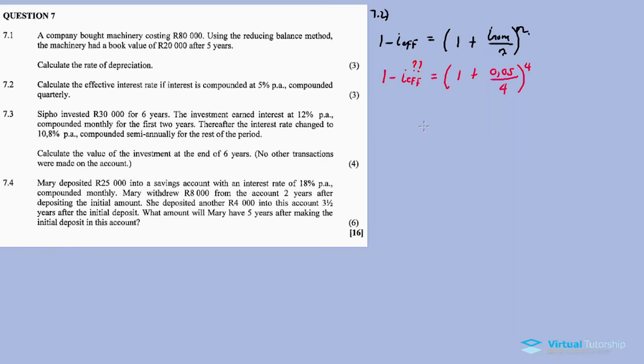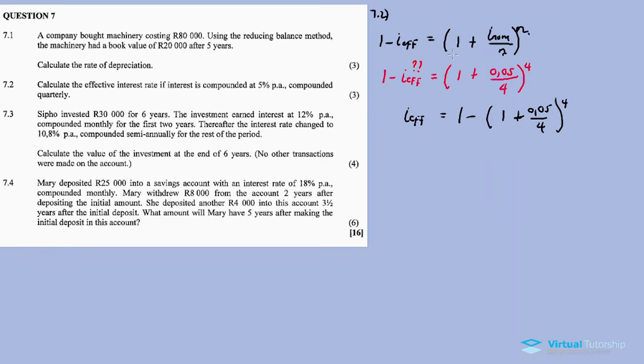Now let us calculate again. 0.05 divided by 4 raised to exponent 4.